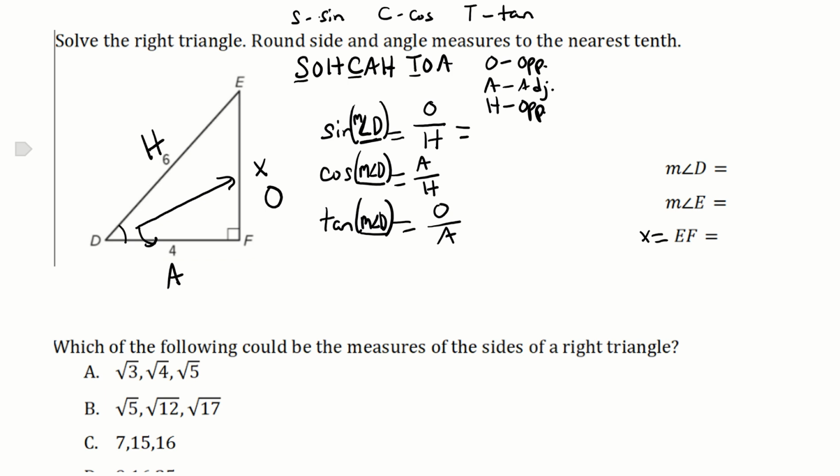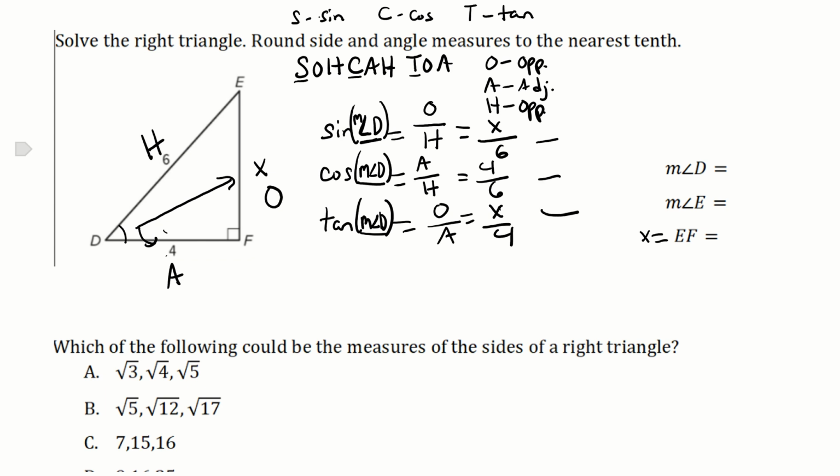In this example, sine of the measure of angle D is equal to opposite, which is X, over hypotenuse, which is 6. Cosine of the measure of angle D is 4, which is adjacent, over hypotenuse, which is 6. And tangent of angle D is opposite over adjacent, so X over 4. Of these three, which one is the best?